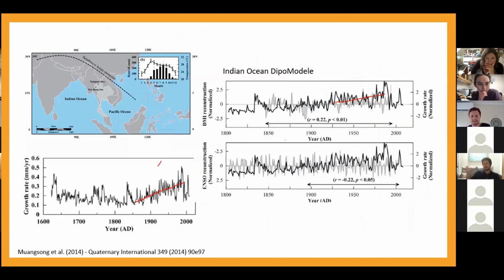But not just during the Holocene, this kind of study is also very interesting to be applied for very recent speleothems, and particularly if you want to understand effects related to global warming.